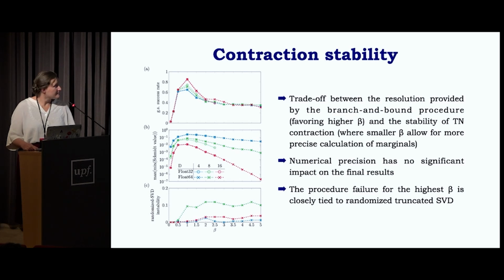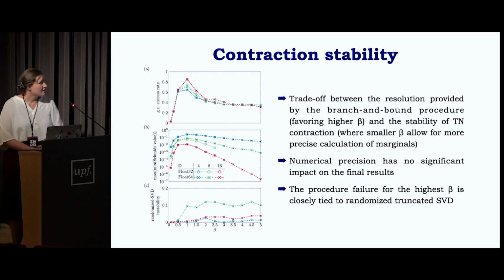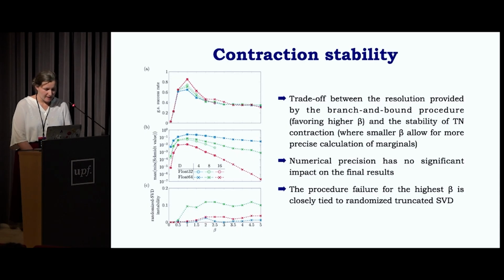And next, panel B focuses on the truncation error. This is measured by the smallest retained singular value at the worst MPS cut. And from both plots, you may see that numerical precision has no significant impact on the final results.